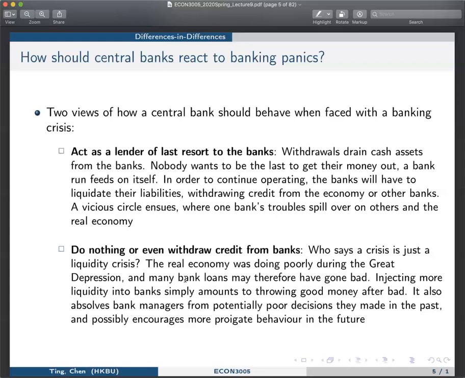So when you encourage the bank to make poor decisions, it possibly encourages more prodigal behaviors in the future. That's a bad thing.